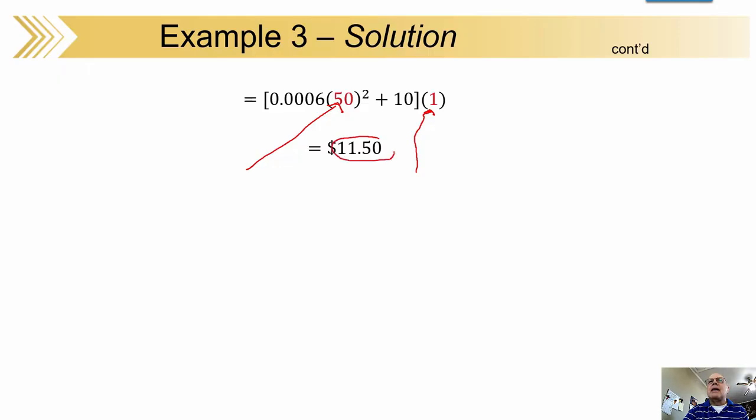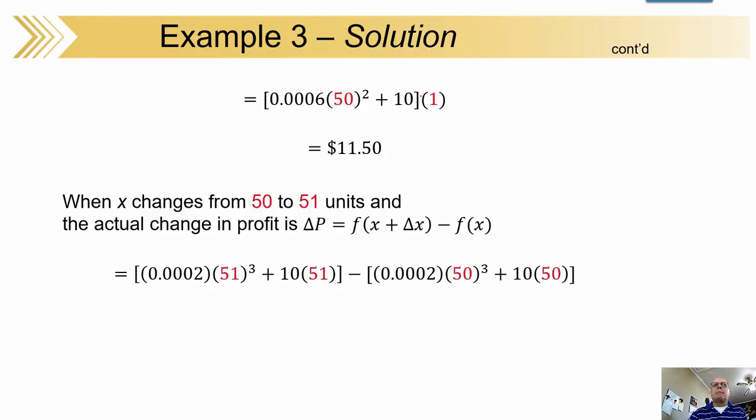And this is how it's going to affect the profit. You'll get another $11.50 by jumping your sales from 50 to 51 units. Just let the calculator do the work after you've done the calculus work. Very simple. $11.53 is how much it would be exactly.